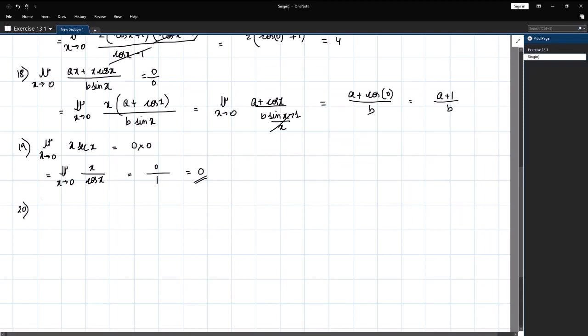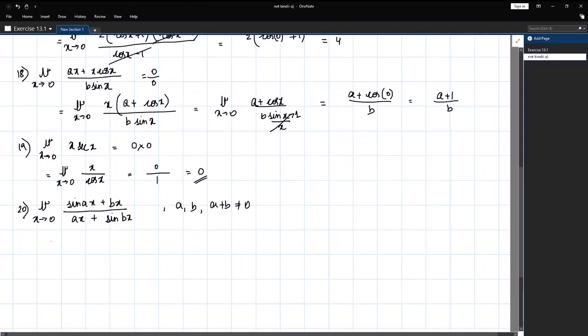Question number 20. Limit x tends to 0 of (sin ax plus bx) all divided by (ax plus sin bx), given that a, b and a plus b not equal to 0. If we directly substitute this, we'll have 0 by 0.